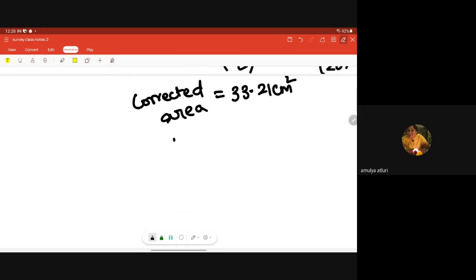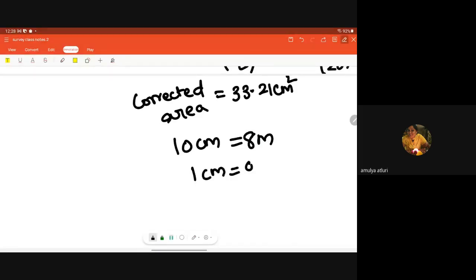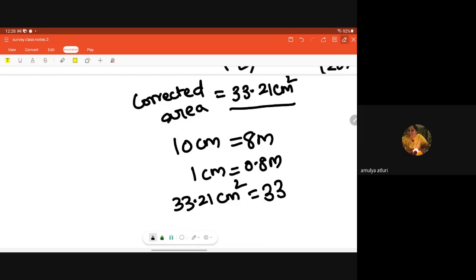They have told the scale is 10 centimeters is equal to 8 meters, right? So then what is 1 centimeter? 0.8 meters. Now they are asking the corrected area in square meters, so I need to convert this. 33.21 centimeter square is equal to 33.21 into 1 centimeter is 0.8 meters, 0.8 whole square.